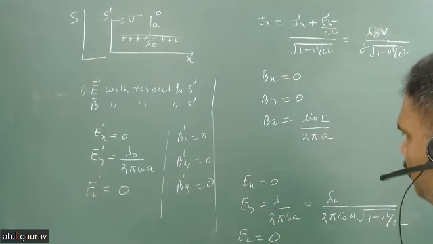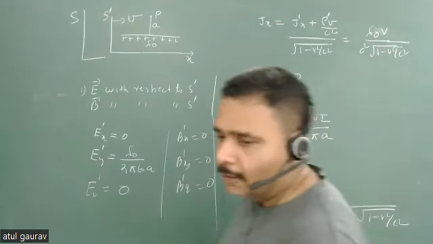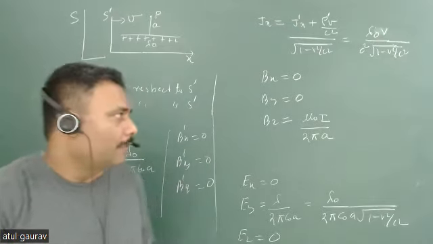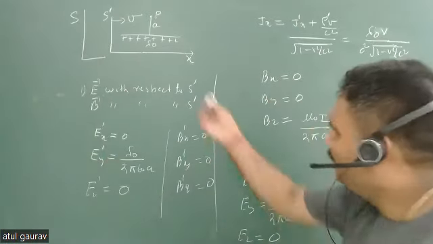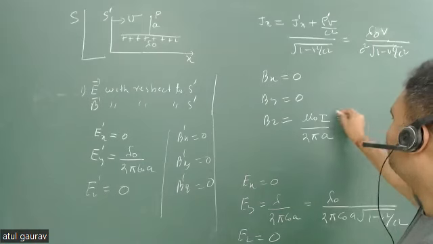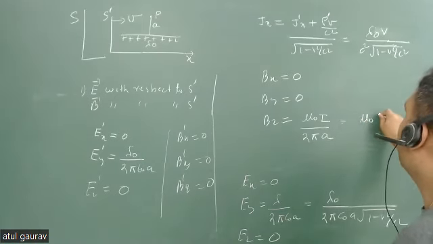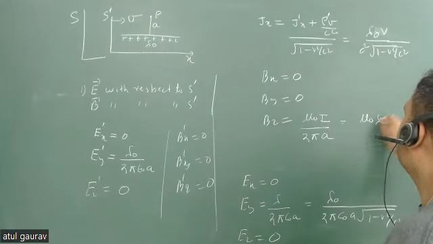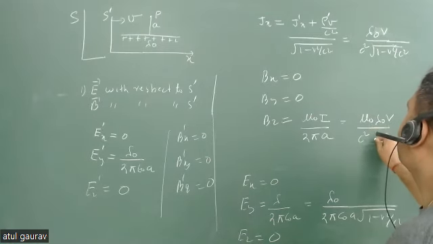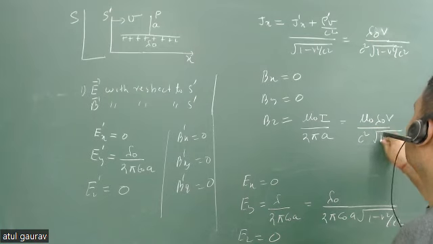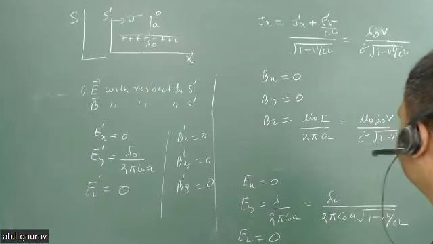Do you people know this thing? Yes, sir. And here, since it is just a wire, I can replace my current with current density, so there is not any problem. So you have mu naught lambda naught V upon c square root under 1 minus V square upon c square.